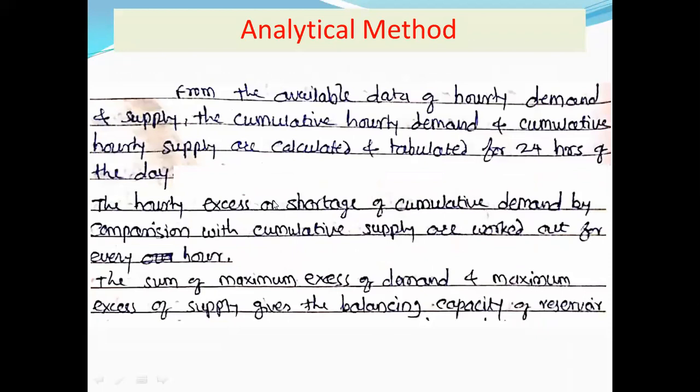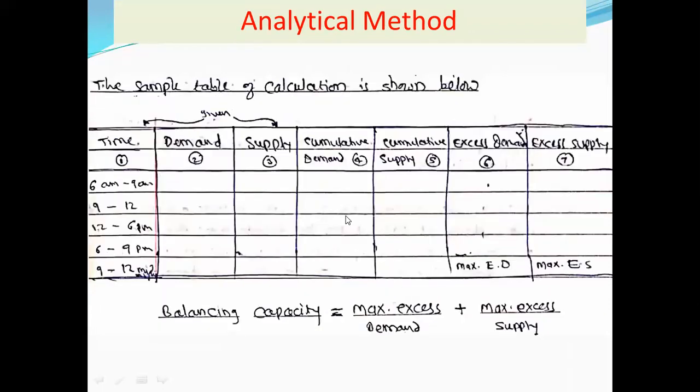So in this way, first we find the cumulative demand and cumulative supply from the given demand and given supply. Then from column number 4 and column number 5 we find the next two columns, column number 6 and 7. Columns 6 and 7 are nothing but the excess demand and excess supply.